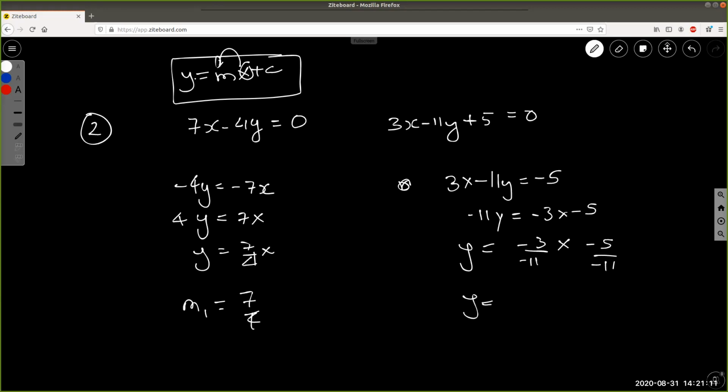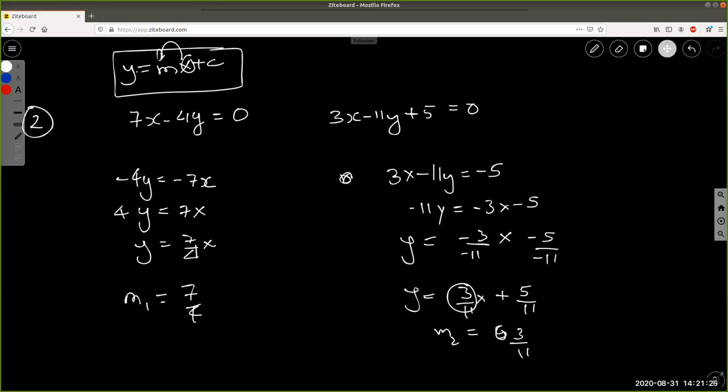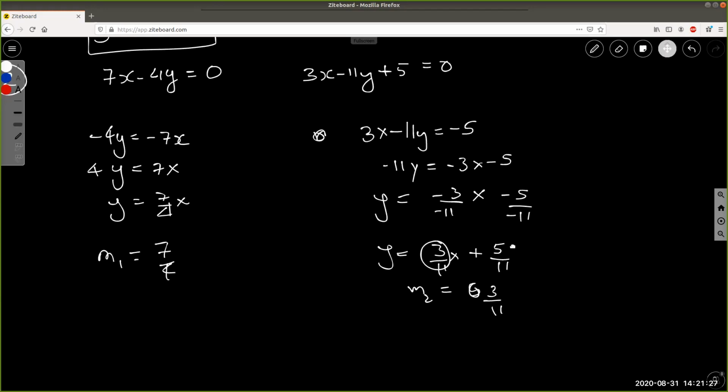So it'll be 3 by 11 x plus 5 by 11. So mod would be 3 by 11. No need to take mod here. Sorry, m2 would be 3 by 11 plus 5 by 11, right? No, just 3 by 11, the coefficient of x. Yeah, sorry, my fault.